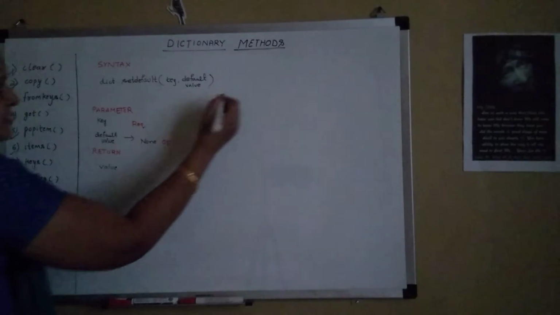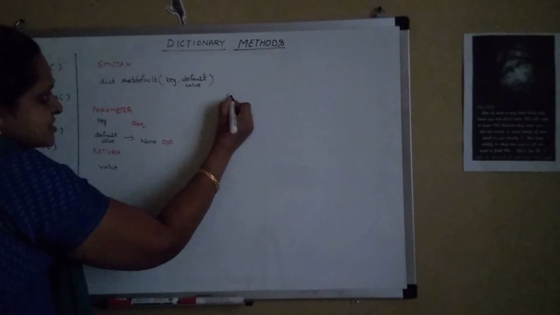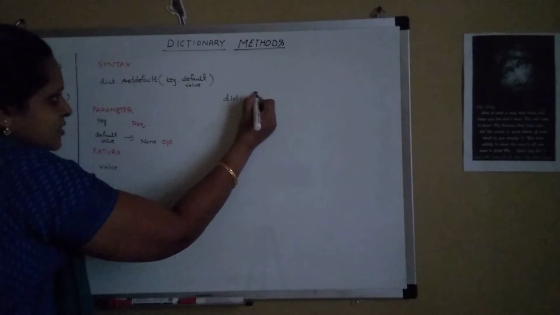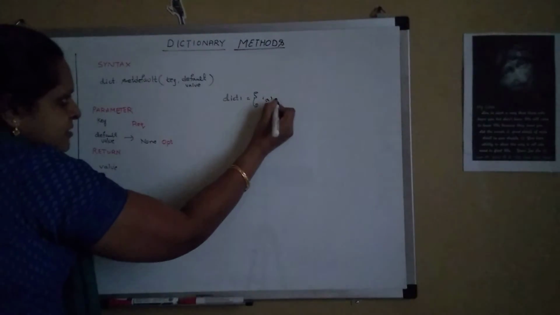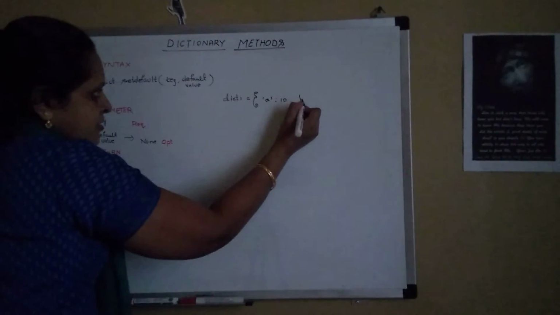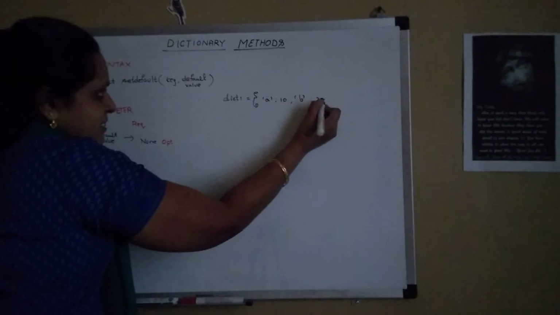So for this, let me consider my dictionary, which is nothing but dict1 equal to {A: 10, B: 20}.